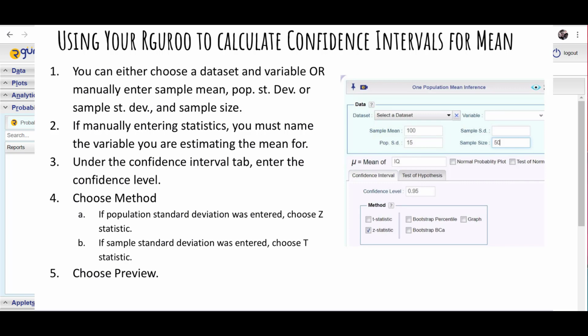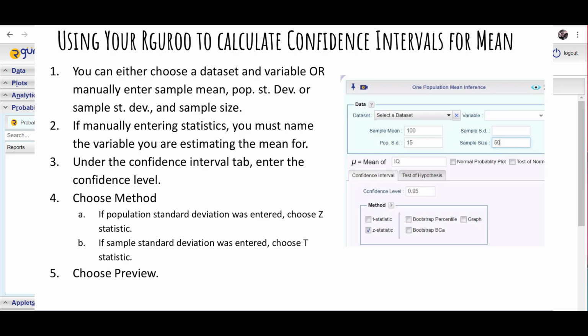But a lot of times we just want to enter some numbers, right? We don't have a data set, but we have a sample mean, we have a standard deviation, etc. So you're going to just fill these in. Sample mean, you put that in. You put in your population standard deviation, and you put in your sample size. If they gave you the sample standard deviation instead of the population standard deviation, you would put that here and leave the population standard deviation blank.